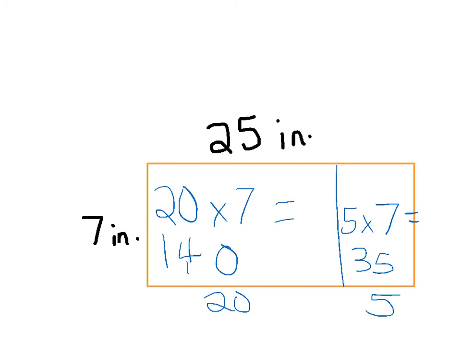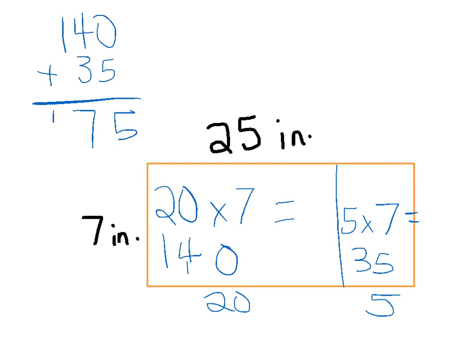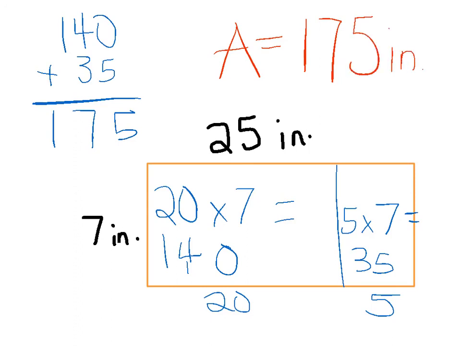So I'm going to add 140, which was my first rectangle that I broke up, and 35, which is my second rectangle that I broke up. And I see now that this rectangle has an area of 175 inches squared.